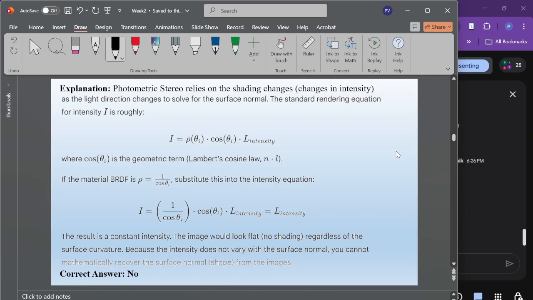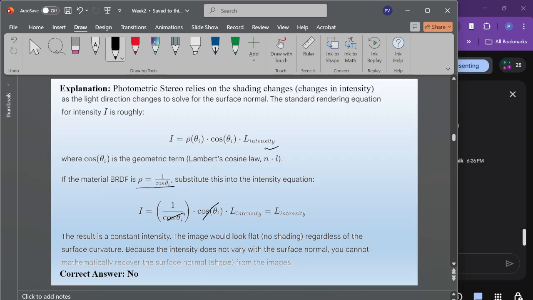The standard radiometric equation for intensity I is roughly I = rho(theta_i) cos(theta_i) L, where cos(theta_i) is the geometric term, Lambert's cosine law, n dot L. If the material's BRDF function rho is 1 / cos(theta_i), and we substitute it into this intensity equation, these two cancel out, and we get I = L, the light intensity.